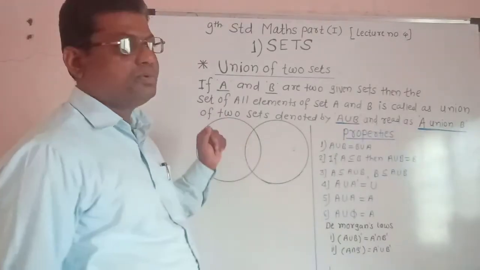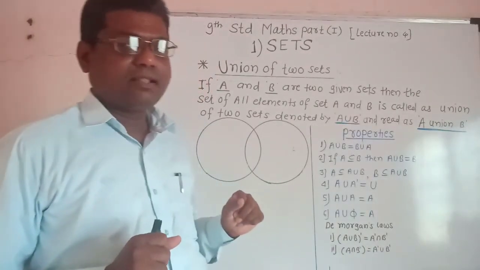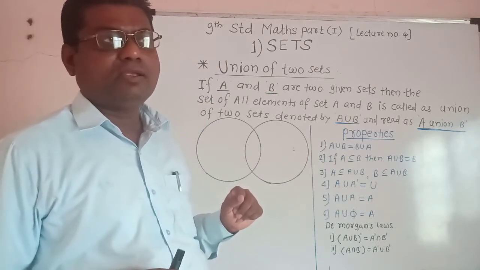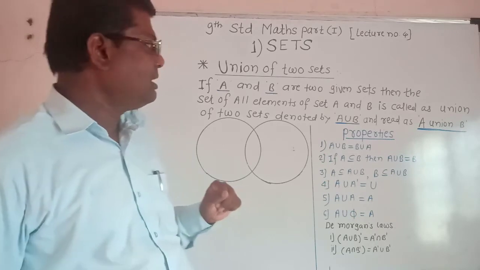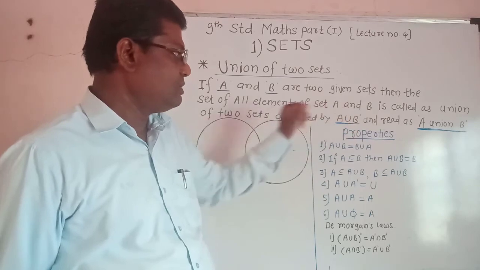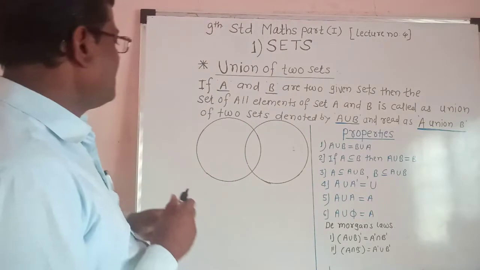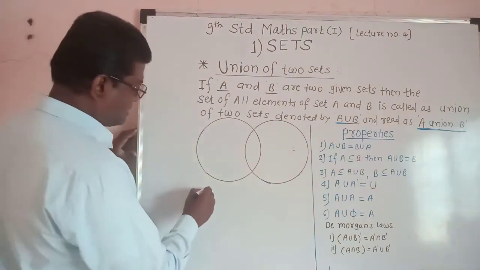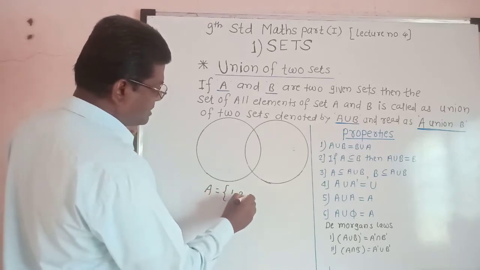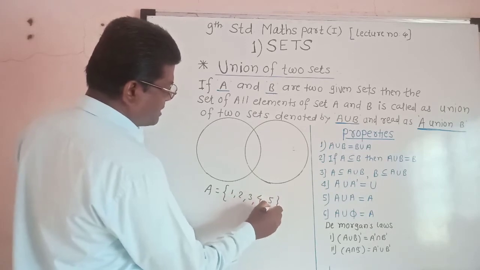Now, union of two sets. If there are two sets A and B, then the set of all the elements in A and B is called the union of sets A and B, and it is denoted in this way. This sign indicates union, and we read it as A union B. Now consider the sets. Set A is equal to, in curly brackets, 1, 2, 3, 4 and 5.